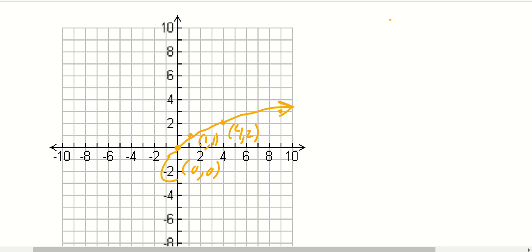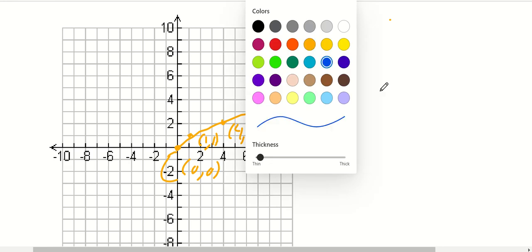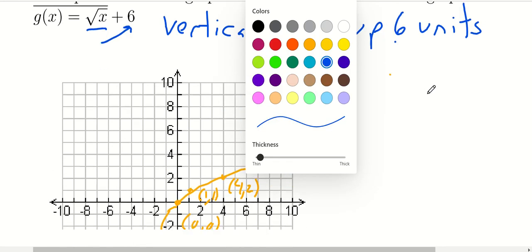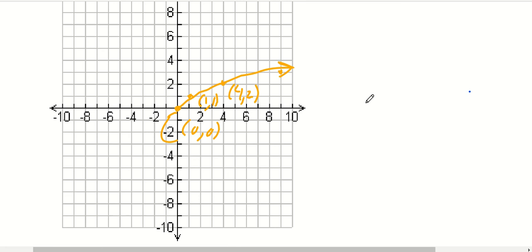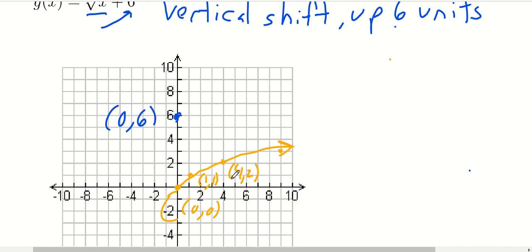And now to get our solution, all we're going to do is vertically shift each one of those points up 6 units. So this point that was at 0, 0 now gets moved up 6 spots. That's going to occur at 0, 6. The point that was at 1, 1 is now going to occur at 1, 7.